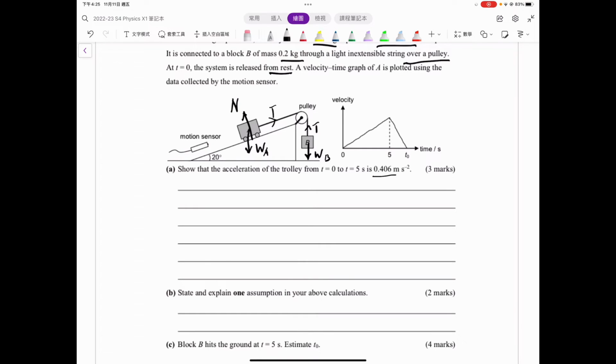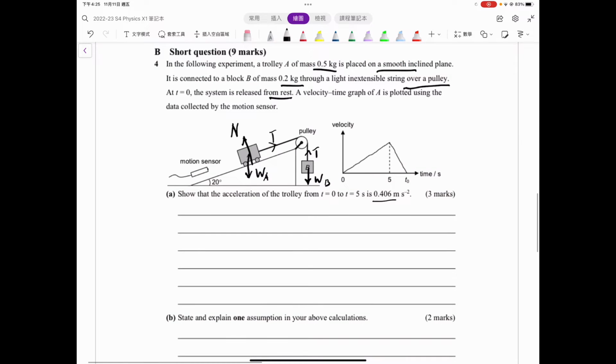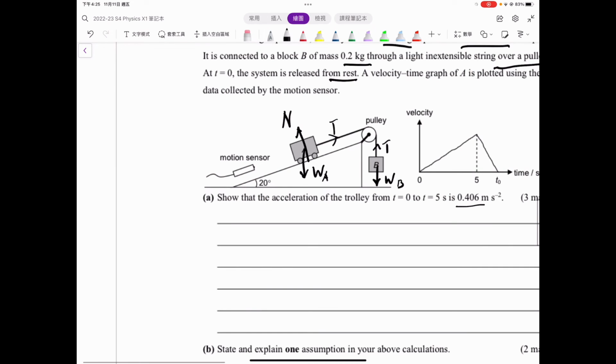If you consider A and B as one object, you would have one force, weight B, pulling it to the right, and one force, weight A sine theta, pulling it to the left, and it is pulling both objects.